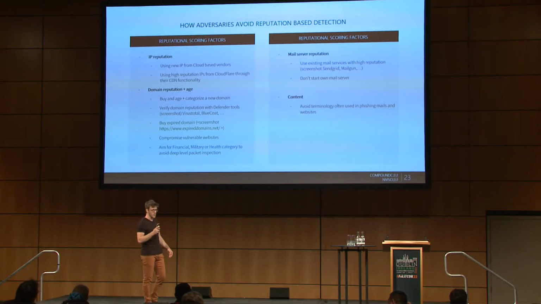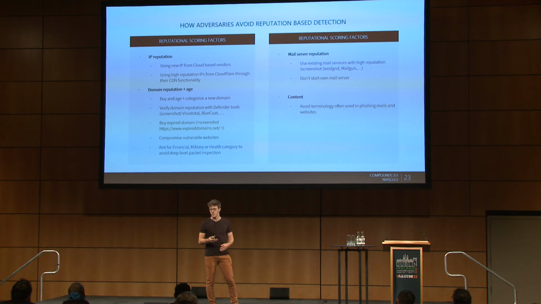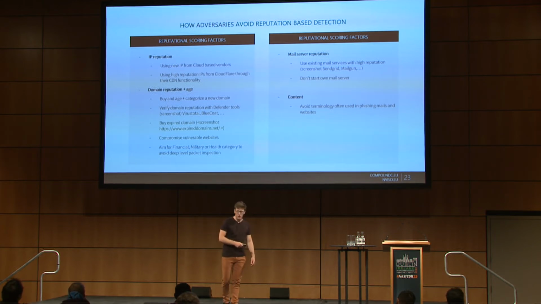If I want to do it another way and get a high reputation IP address straight away, I can actually use Cloudflare, and Cloudflare will provide me with an IP address. There's so many requests going there that it has a high reputation, and I can just make use of that straight away.